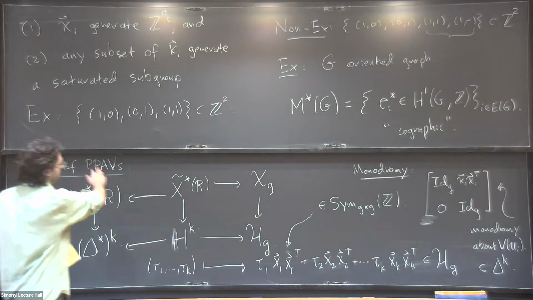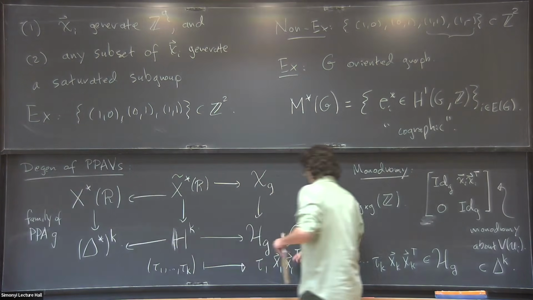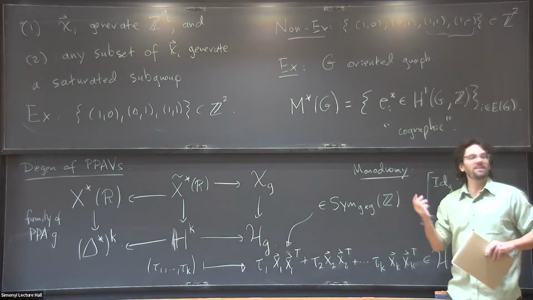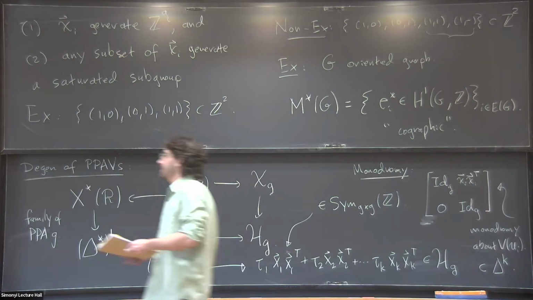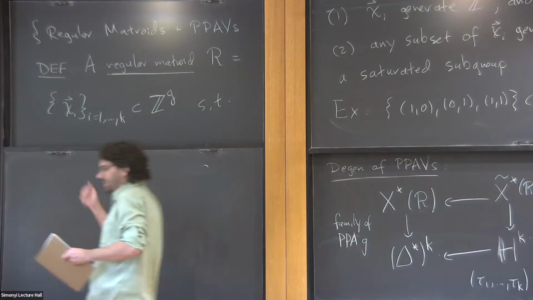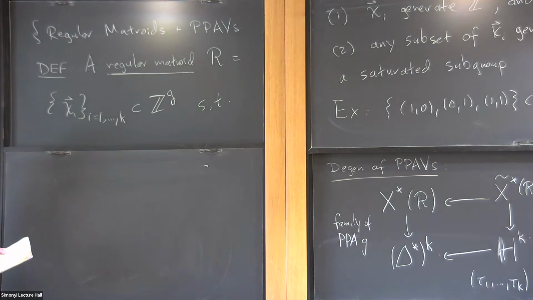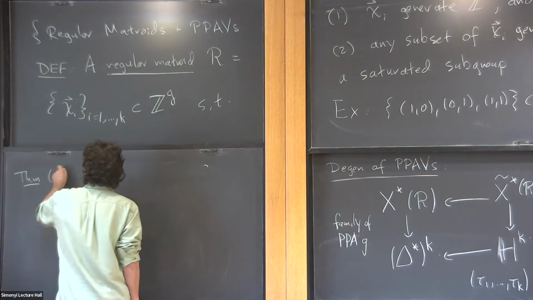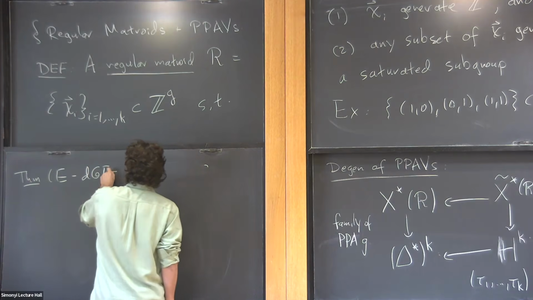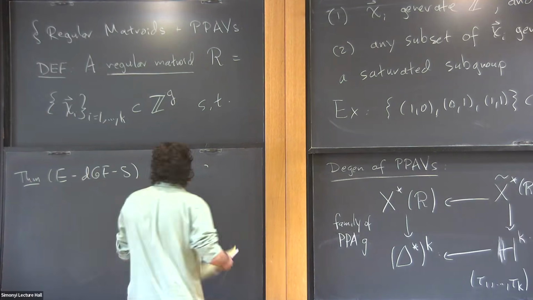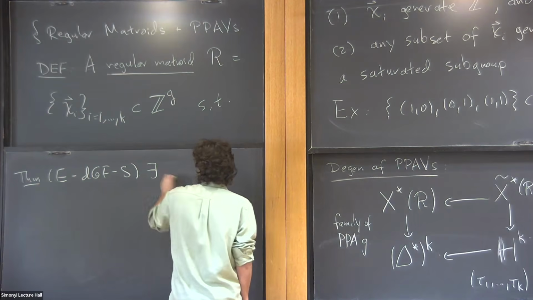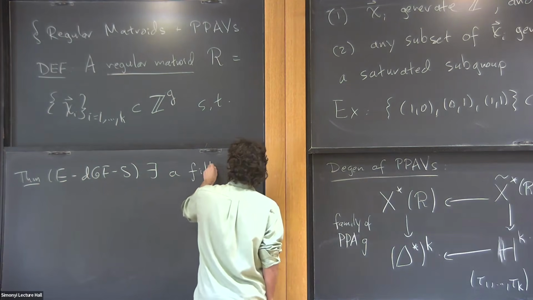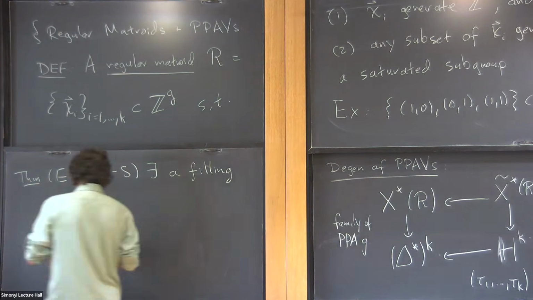We could have done this with any set of vectors that generate, even over Q. But we'll see that the regularity of the matroid implies the regularity of the degeneration. It'll be a smooth total space.